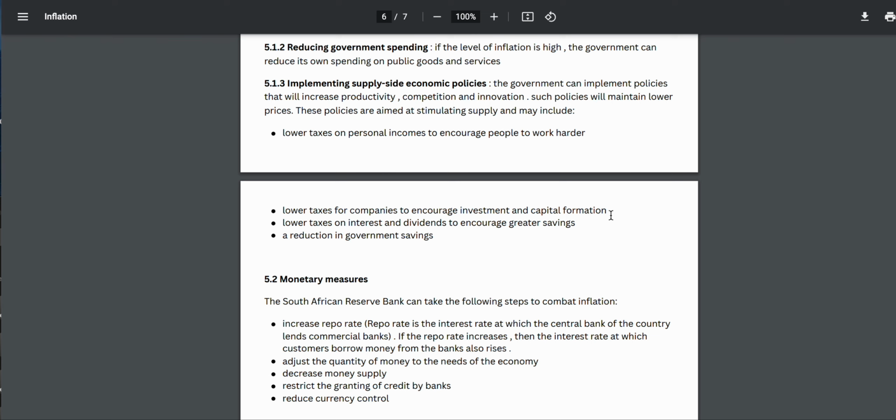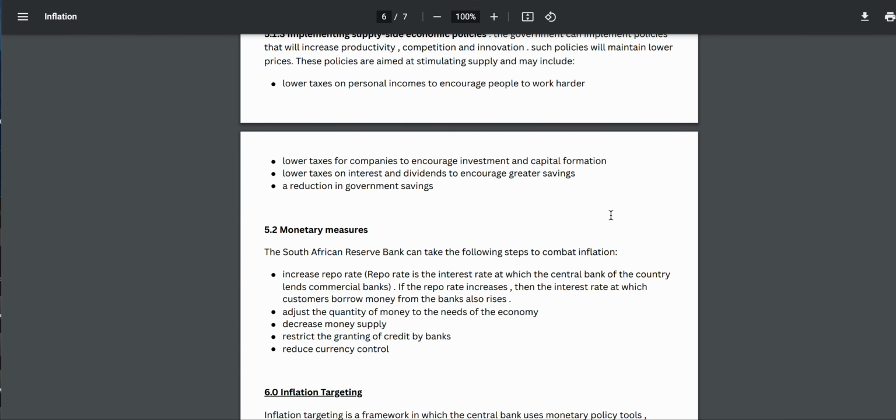One of the things a government can do if it wants to lure international investors is to lower its taxation, so that most foreign companies can invest in that particular country. We also have lower tax on interest and dividends to encourage greater savings, as well as a reduction in government savings. I think this is quite self explanatory.